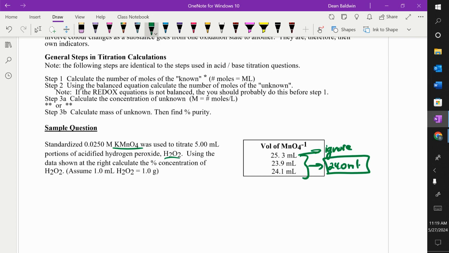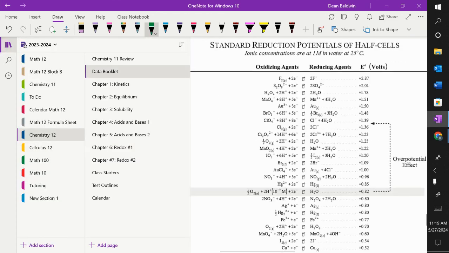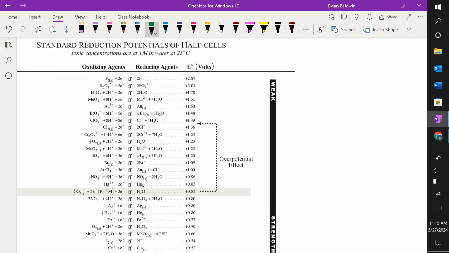All right, so the first thing we need is the reaction. MnO4 and H2O2. So we go to our data booklet. MnO4 is right there. H2O2 is right there. So using what we learned in 5.6, if they're on the same side, there will be no reaction.